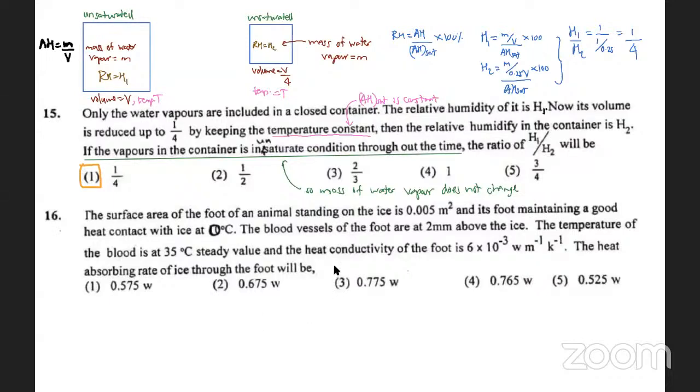Let's move on to the 16th question. The surface area of the foot of an, people, can you hear me? Is there a lag? Hello? I'm not getting response from everyone. I'm communicating with Maria, Amna, and Aisha. That's all. Okay, Hamda is there. How about the others?